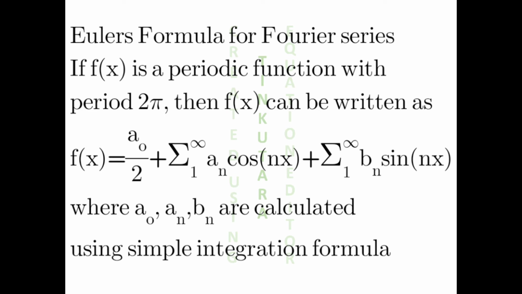So when f(x) is defined for all values of x in the interval c to c plus 2 pi, Euler's formula says f(x) is equal to a naught divided by 2 plus summation of an into cos nx plus summation of bn into sin nx. All these a naught, an, bn are constants and can be calculated by simple integration.